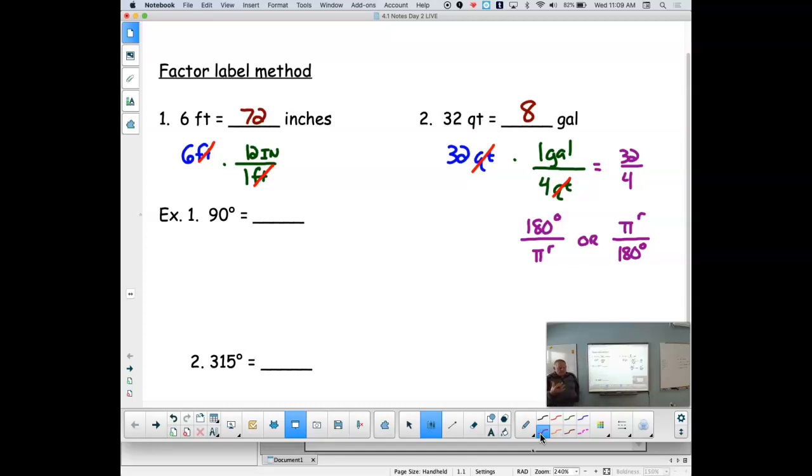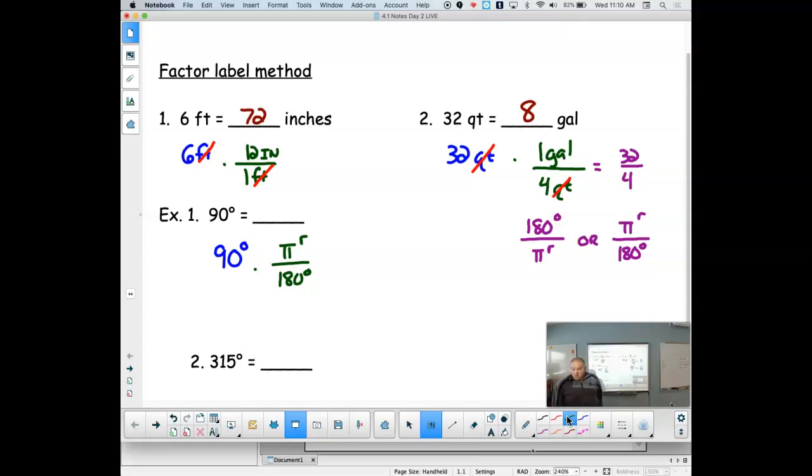The left fraction is if you are converting into degrees. The right fraction is if you are converting into radians. Okay? So we have 90 degrees here, and we want to convert it into radians. So we're going to multiply by pi radians over 180 degrees.